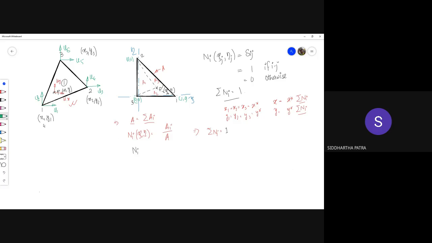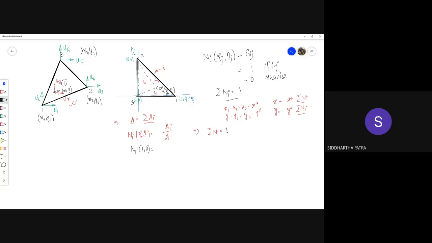Okay, how much is the value of, let's say, N1 at node 1? Which means if I bring this point P prime to node 1, what would be the size of A2 and A3? 0.